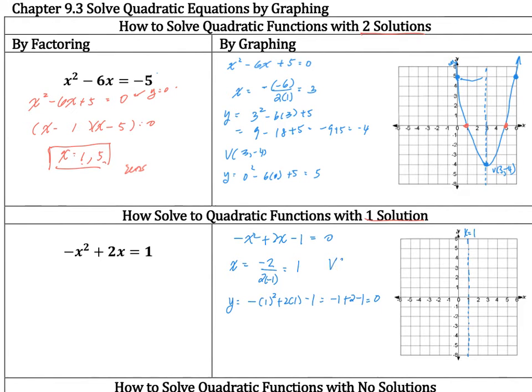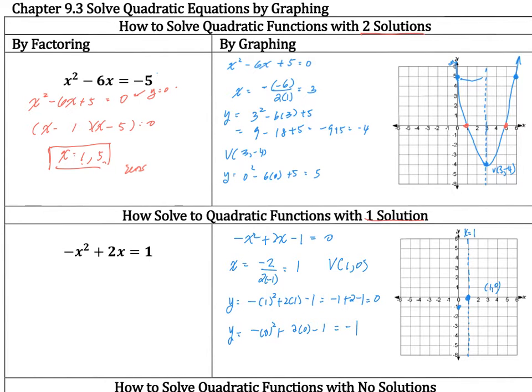So vertex will be 1, 0. And then we're going to look for the y-intercept. The y-intercept is at negative 1.